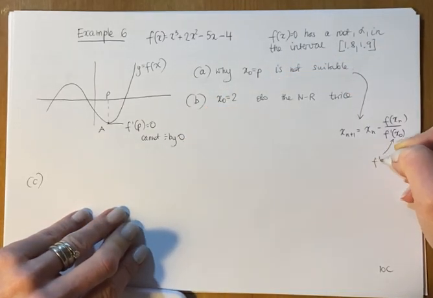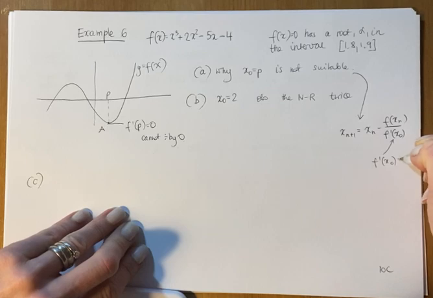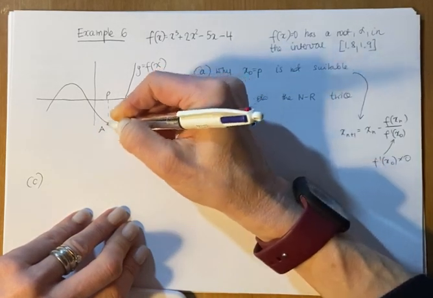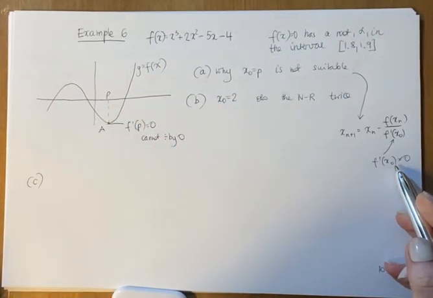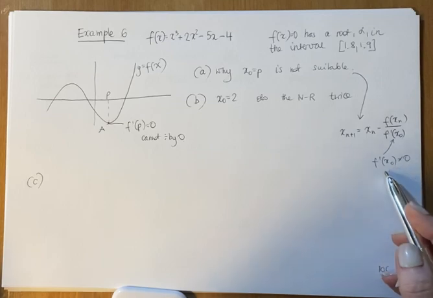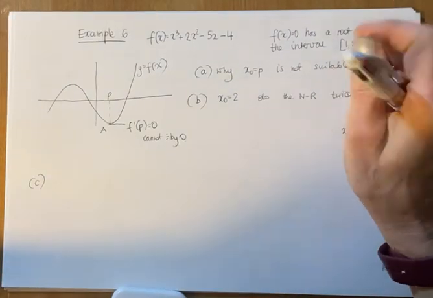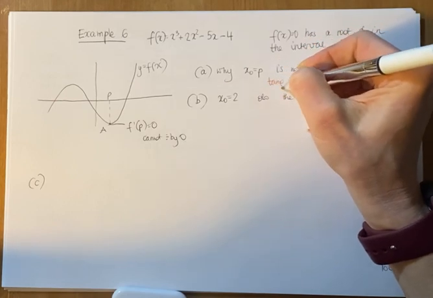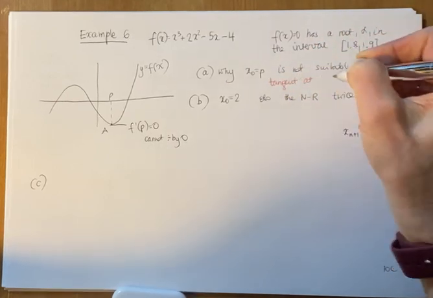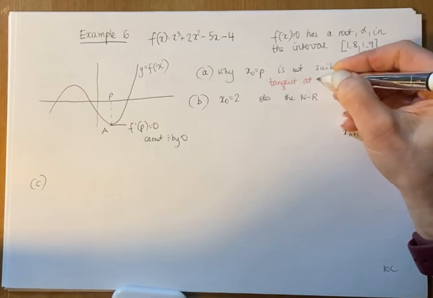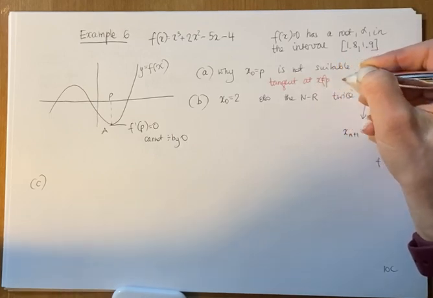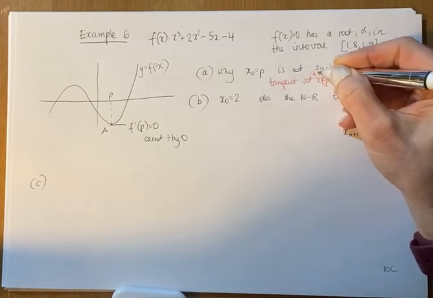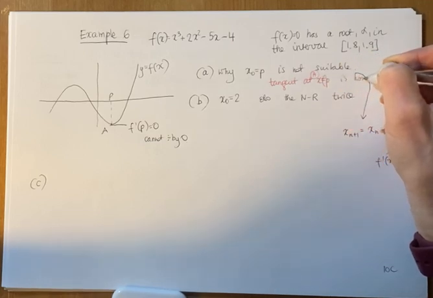It could not be equal to 0, so you can't use that. But I wouldn't just leave it there. I would definitely say the tangent is horizontal. So the tangent at x equals p, so at a, is horizontal.